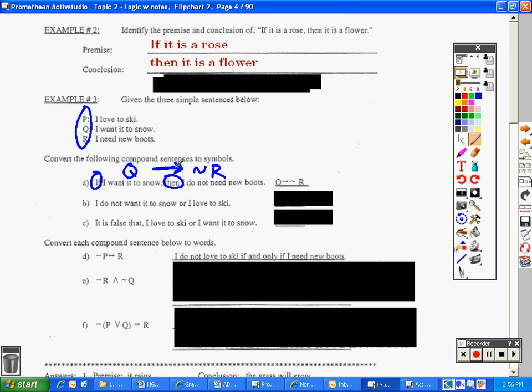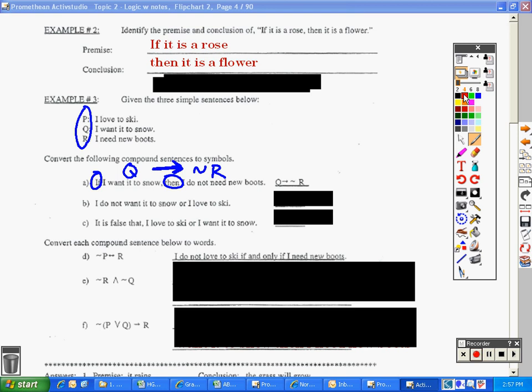Today you're allowed to use that little sheet that tells you what they mean, but tomorrow and for the next days, you need to have those memorized. All right, the next one. I do not want it to snow, or I love to ski.